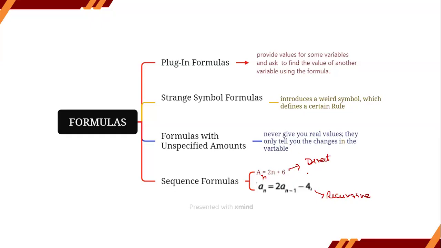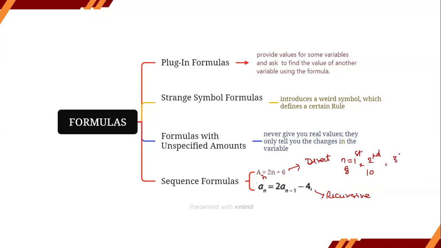What is the difference between these two? Here it is the nth term. Once you give the value for n, for example n equals 1, you will get the first term, right? A1 equals 2 times 1 plus 6. That makes it 8. So the first term in the sequence is 8. And if you take n equals 2, that is the second term, which is going to be 10, right? So the second term is 10, the first term is 8, and so on.